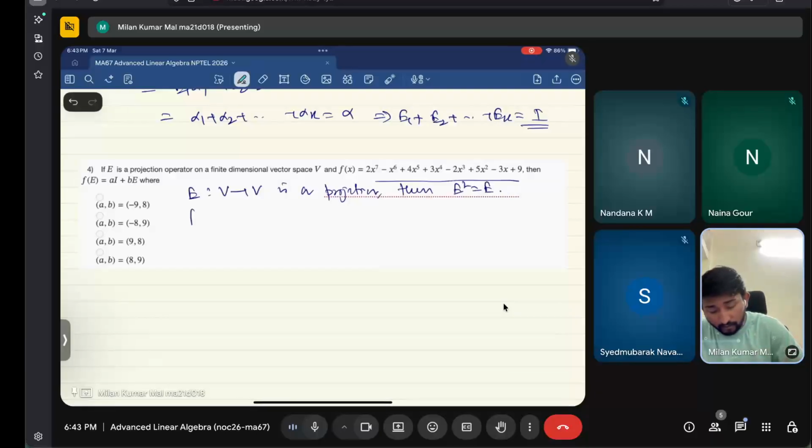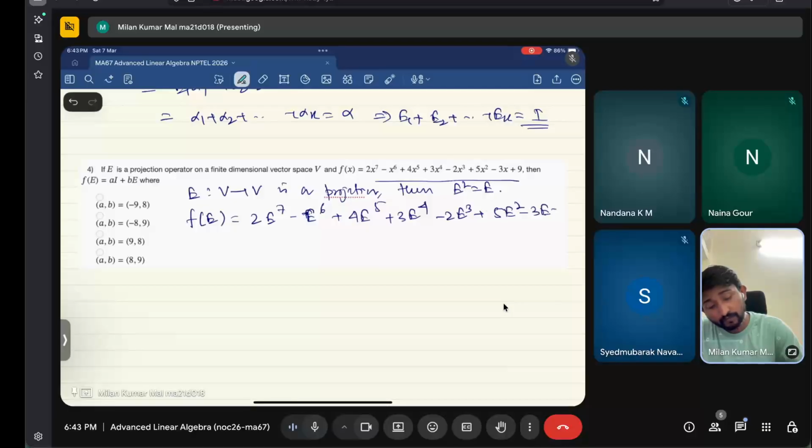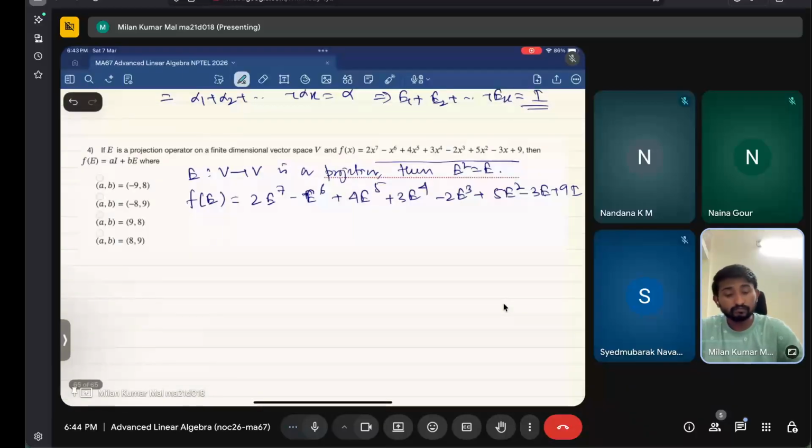So now f of E is equal to 2E to the power 7 minus E to the power 6 plus 4E to the power 5 plus 3E to the power 4 minus 2E cube plus 5E square minus 3E plus 9 identity. Okay, this is what it is. So now E square equals E.